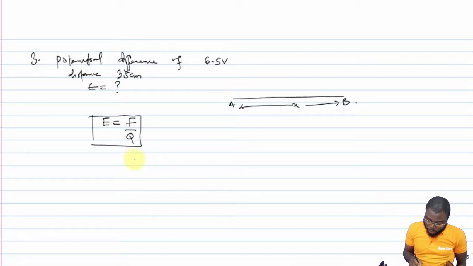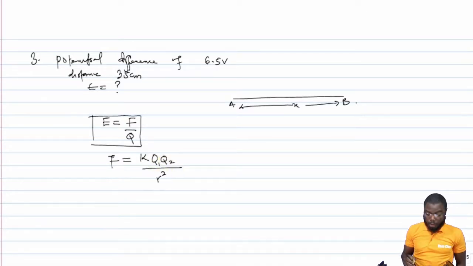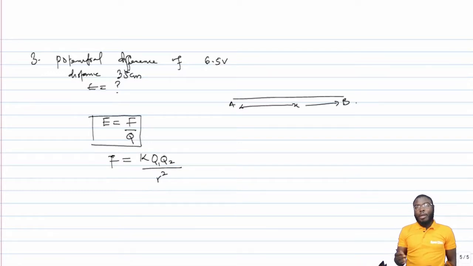Okay, so you know another formula here, Coulomb's law, that says that your force is equals to kq1q2 all over r square. Coulomb's law says that the force between two charges is directly proportional to the product of their charges and inversely proportional to the square of their distance apart.